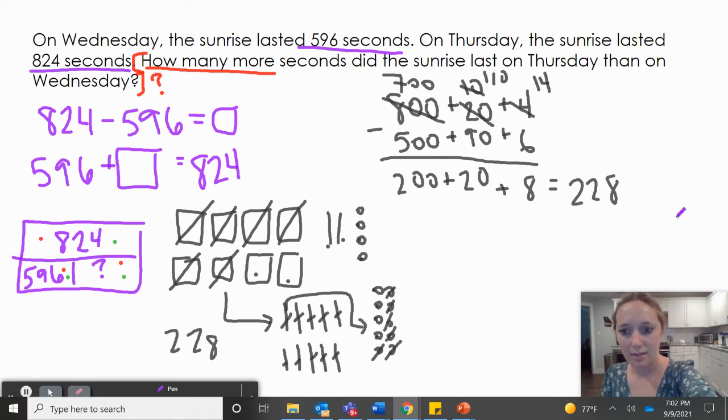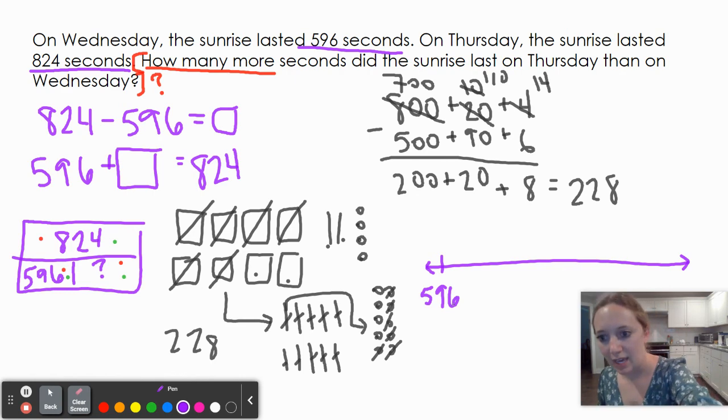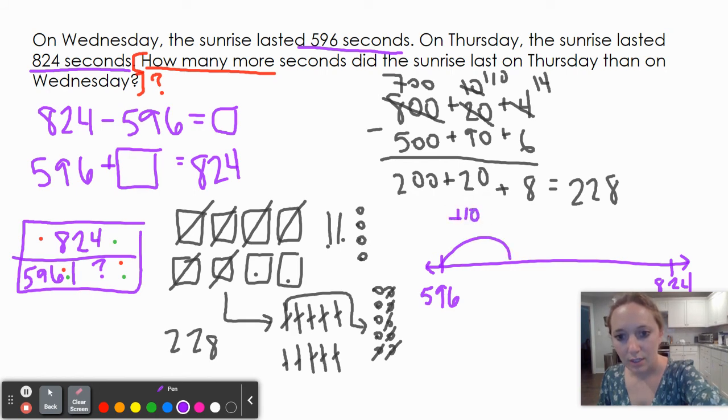Okay. I'm going to start with 596, and then I'm going to count up until I get to 824. So I'm going to start by trying to add hundreds to make it the most efficient way possible. So 596 plus 100 is 696.